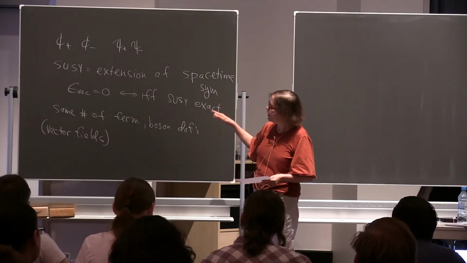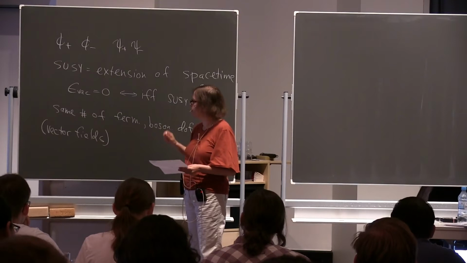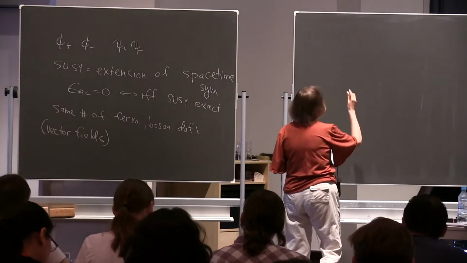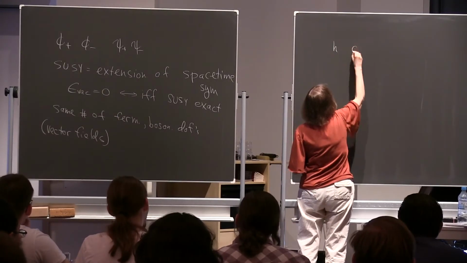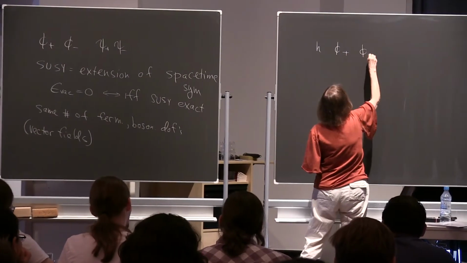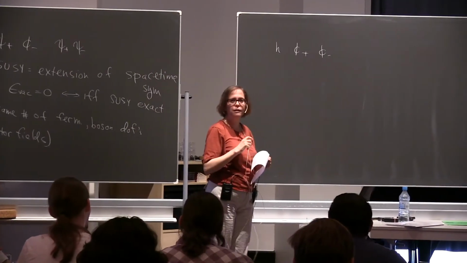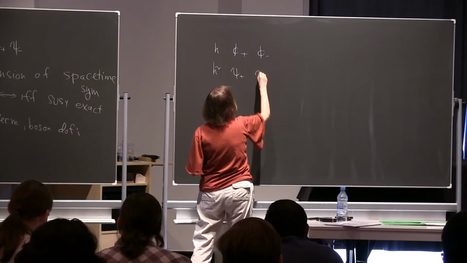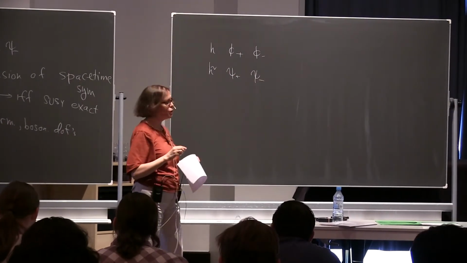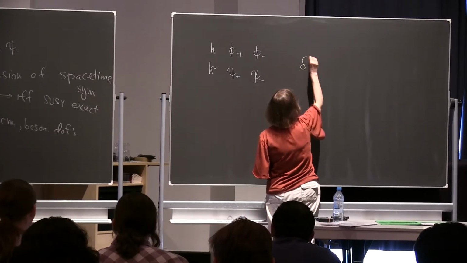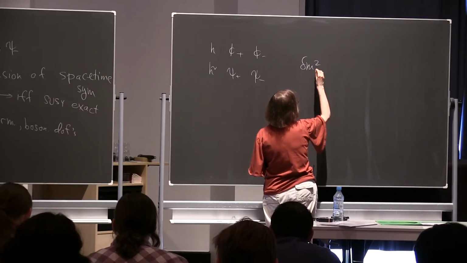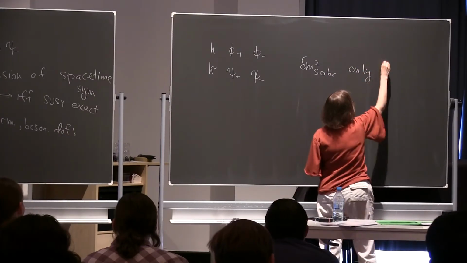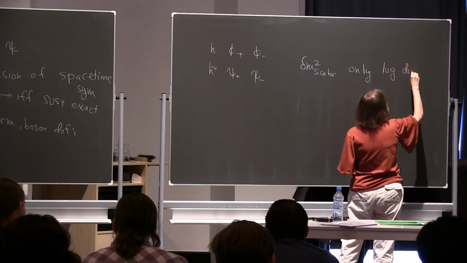And one of the interesting things that we got out of this last time is this other example of an interacting theory, where we had these three scalar fields and the accompanying fermions, and we added a bunch of interactions, and we said that the delta m squared of the scalar is only logarithmically divergent.